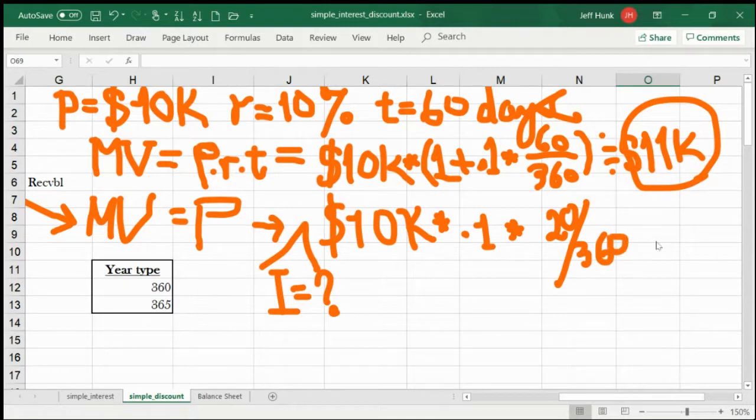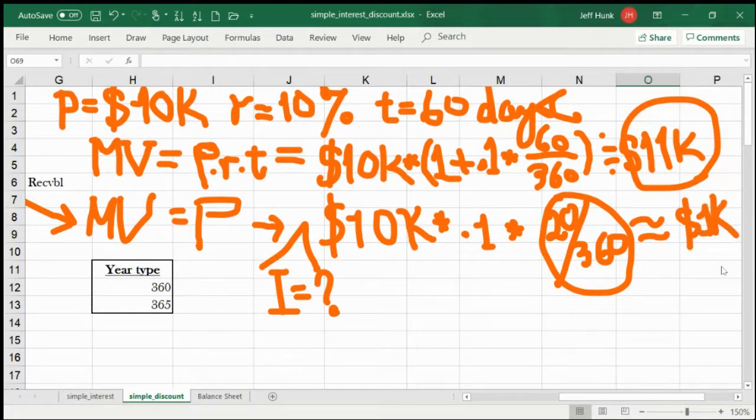Okay, makes sense. Now, this is actually called a bank discount. Although the exact number will be calculated this way, let's just say this is 1K, just to make it simple.